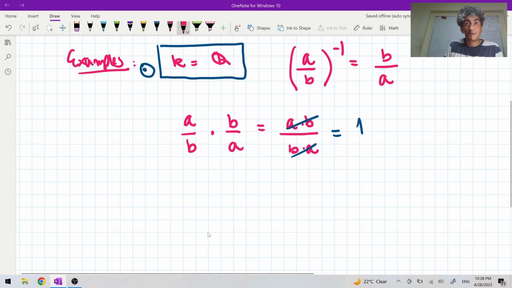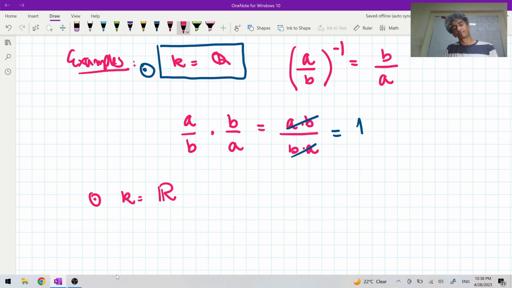Then we have more examples. Say another example, the real numbers. Multiplication of reals is commutative, and every real number that is non-zero has an inverse. Say the inverse of the square root of 2 is simply 1 over the square root of 2, which can be written as square root of 2 over 2.